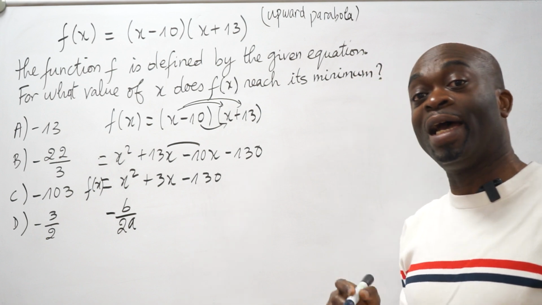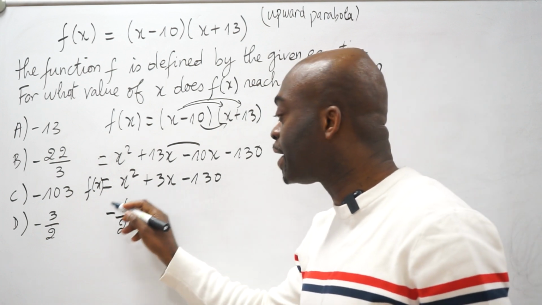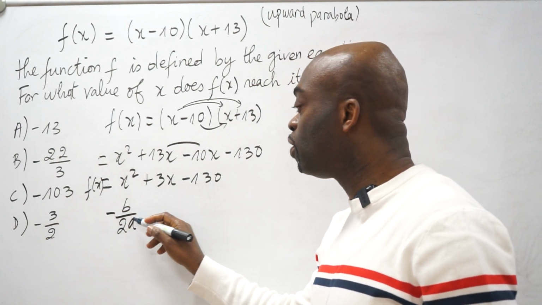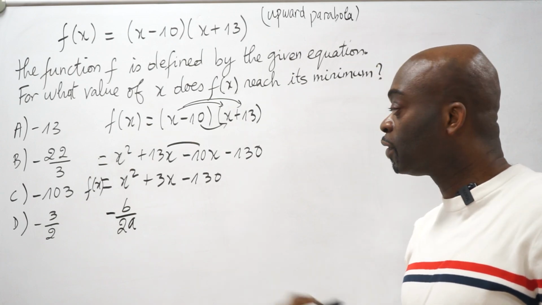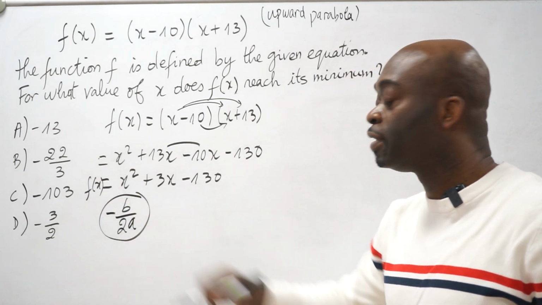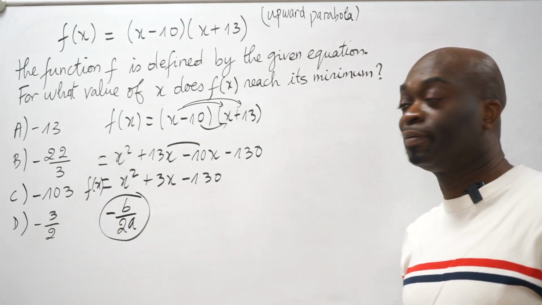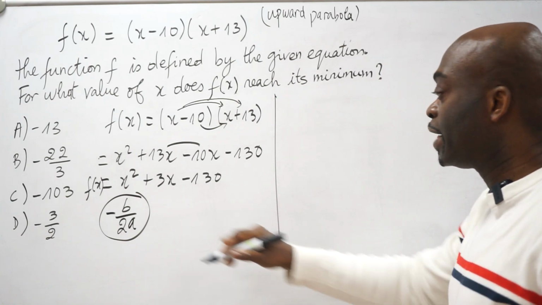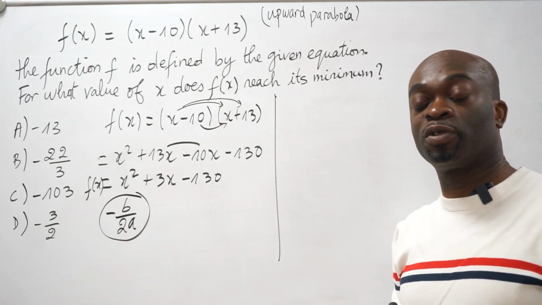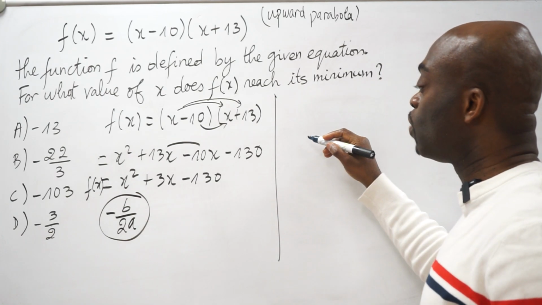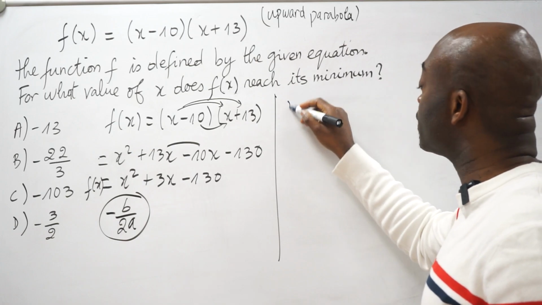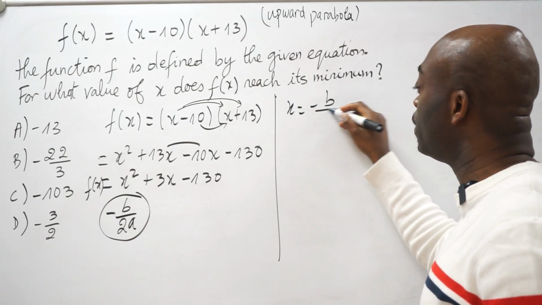So for us to get the x, we have to set up negative b over 2a. Very important concept. So to get x, this is what we're going to be solving for. That means x is equal to negative b over 2a.